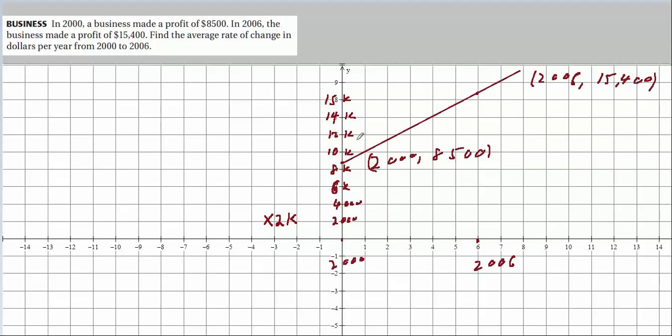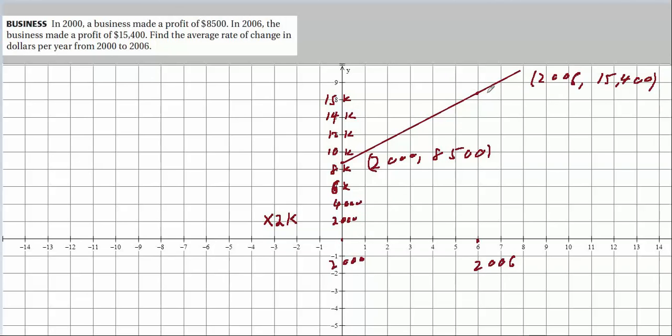So if we lay this out, say each one of these lines is $2,000. Each one of these is a year. We start at 2,000 here, not zero. That would need too big a page for that. This is the only part we care about from 2000 on.